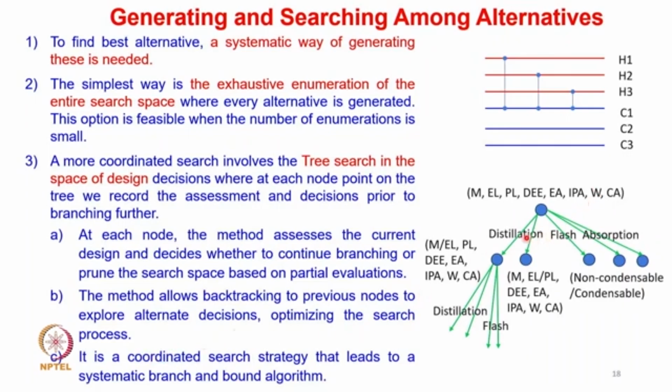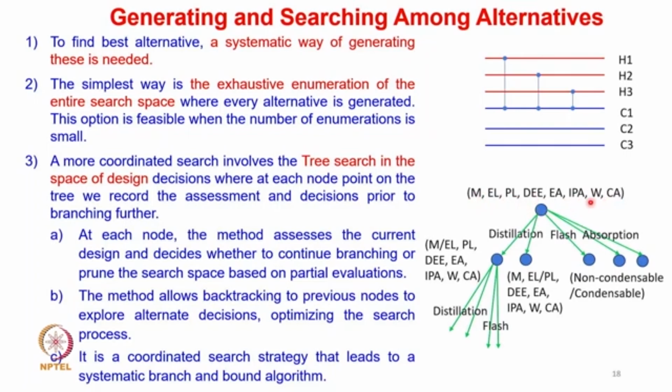So you can see that one such example is shown here in the context of the same case study which we have studied. So remember that from the reactor, the different components coming out are methane, ethylene, propylene, diethyl ether, ethyl alcohol, isopropyl alcohol, water and crotonaldehyde.